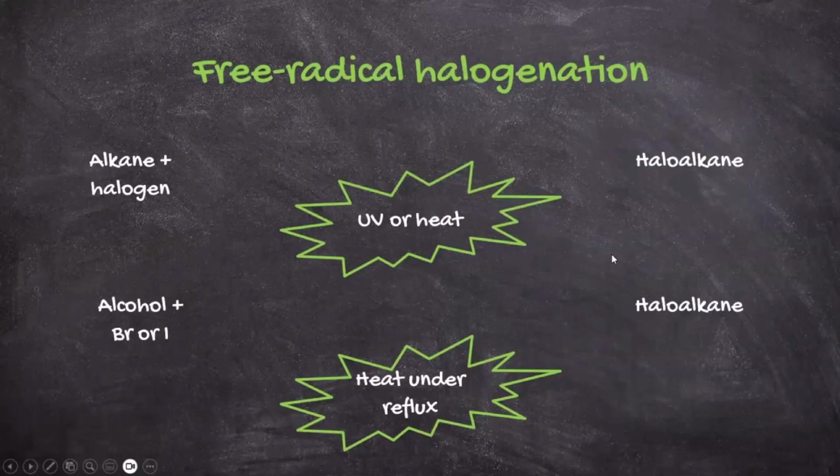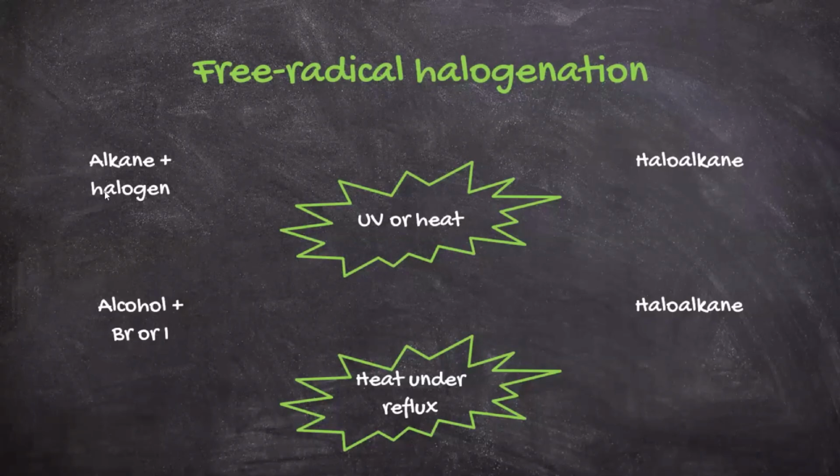Now, depending on where you're coming from and whether you're adding a halogen to an alkane or to an alcohol, the conditions change. So they are both called free radical halogenation, confusingly, but the conditions are different depending on where you're coming from.